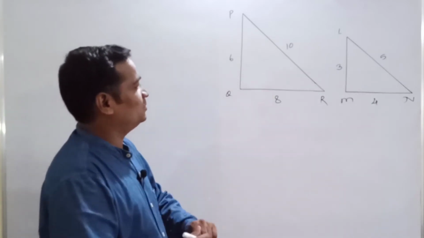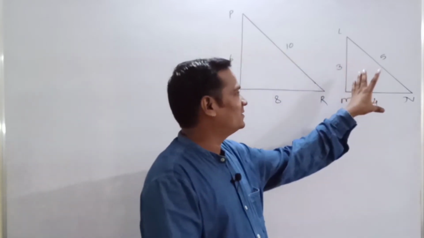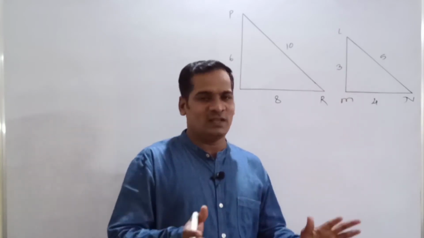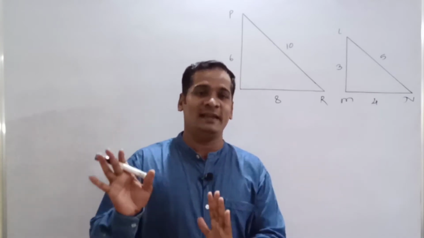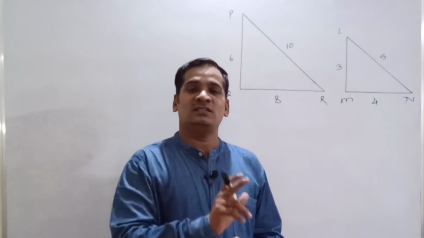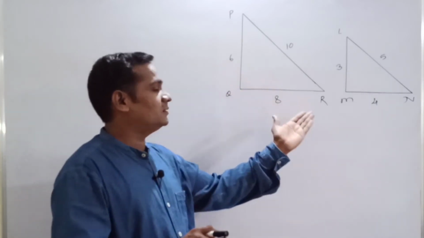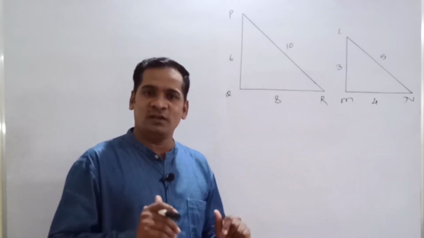Now just observe that three sides of the first triangle and three sides of the second triangle are given, and in such cases we have the side test. If three sides are given, that is the side test, but in that case the three sides should be in proportion. So let's check whether these corresponding sides of the given triangles are in proportion or not.